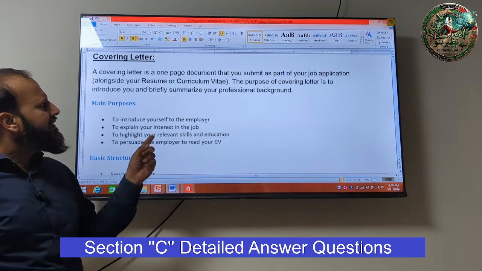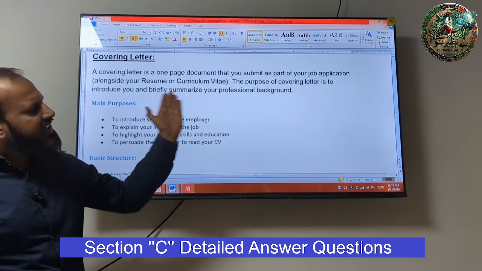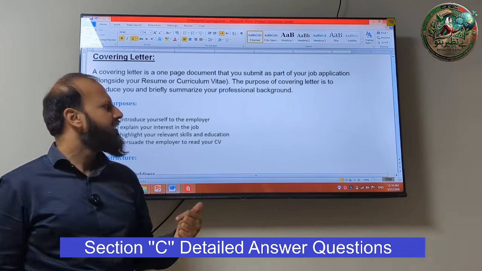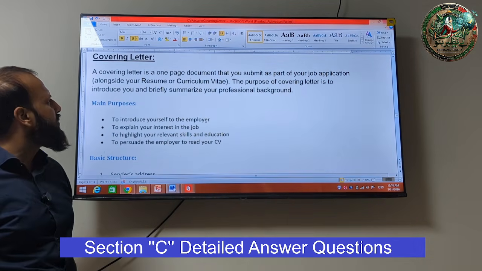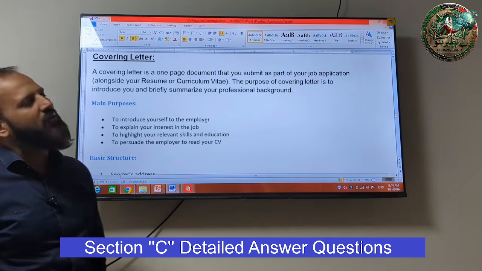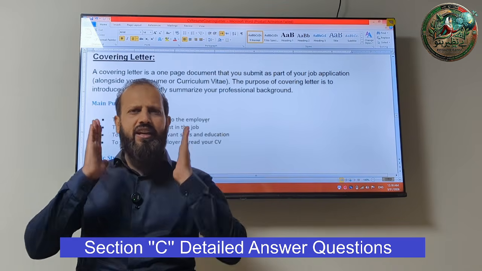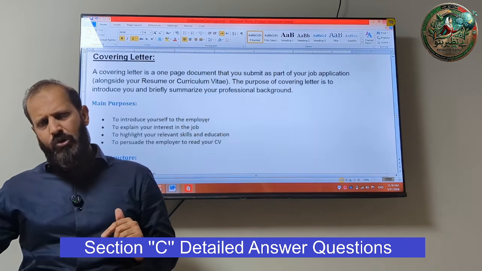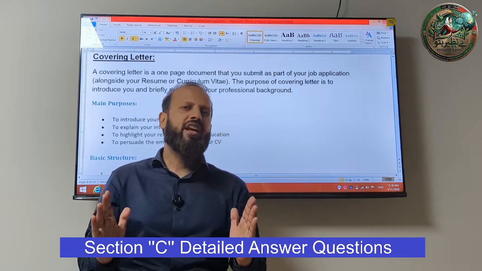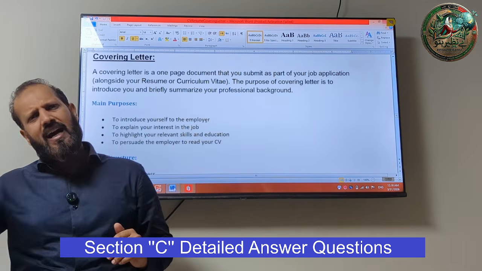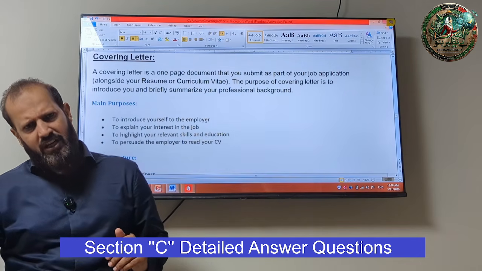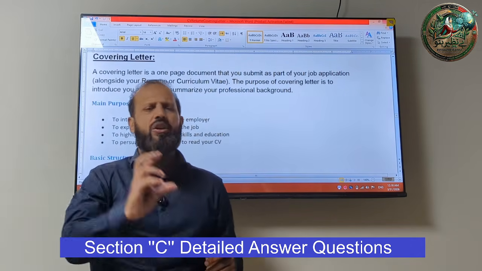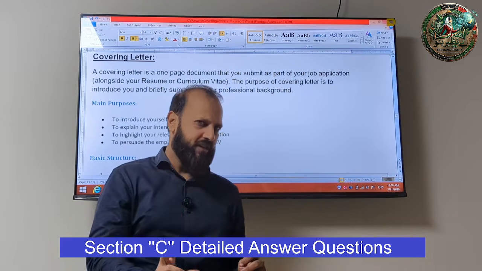The purpose of the covering letter is to introduce you and briefly summarize your professional background. CV is a showcase, it will show what you have done. It scans your professional and academic background, your personality, your activities, your hobbies, your achievements.